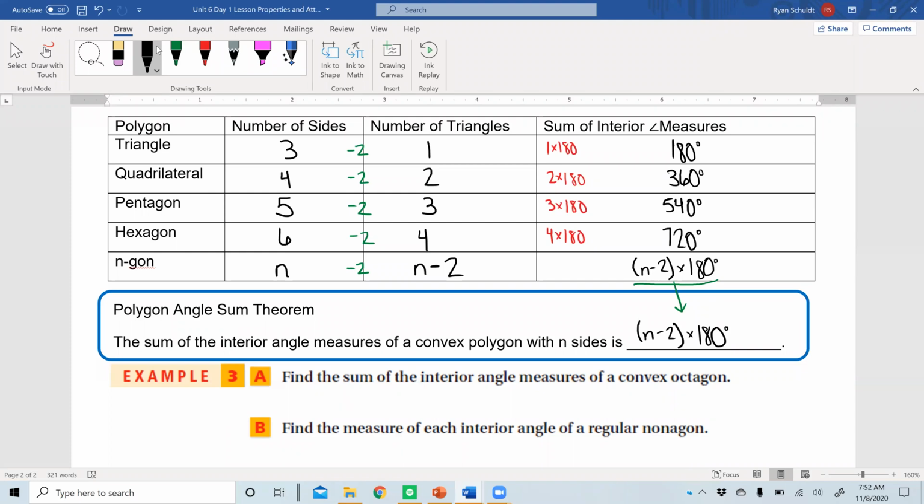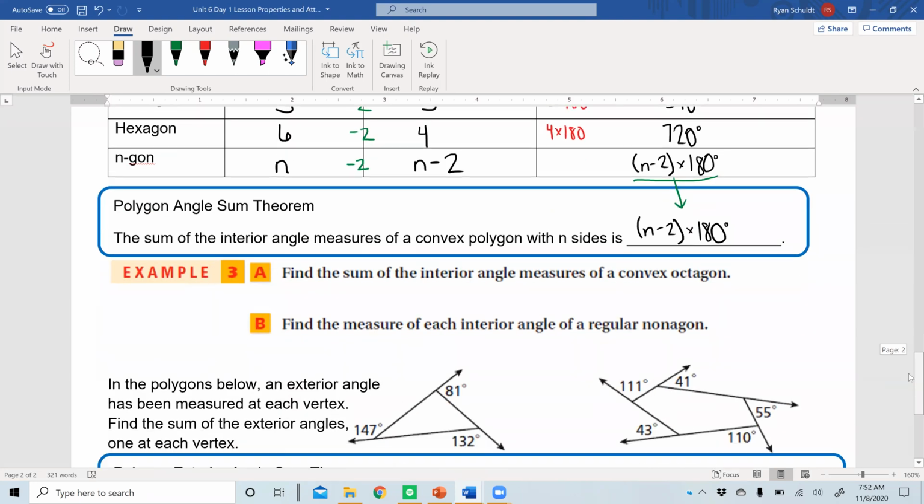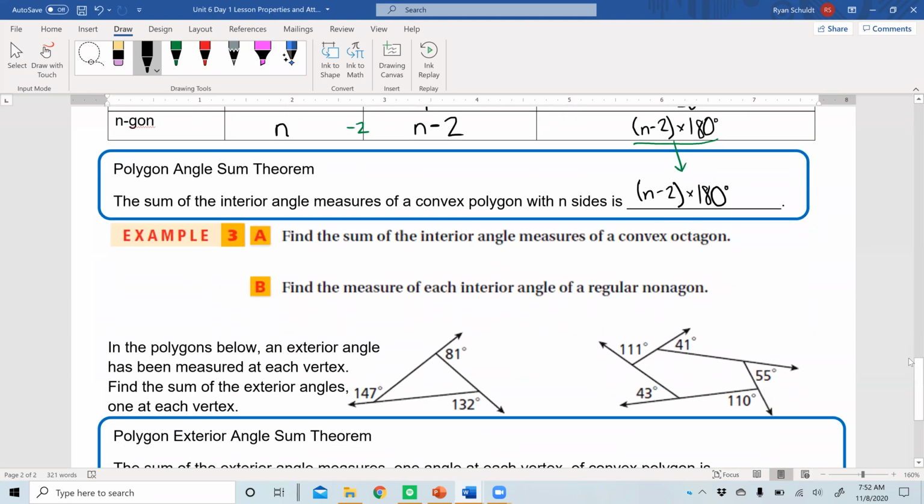Now, there's different kinds of questions they could ask you about this. First thing they could do is ask you to find the sum, just like we did up above, the sum of the interior angle measures of a convex octagon. How many sides does an octagon have? n equals 8.